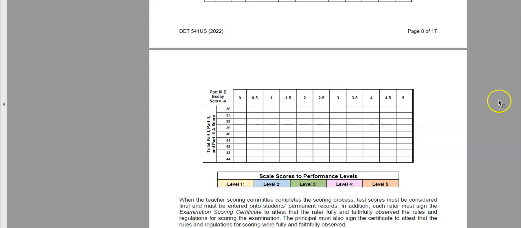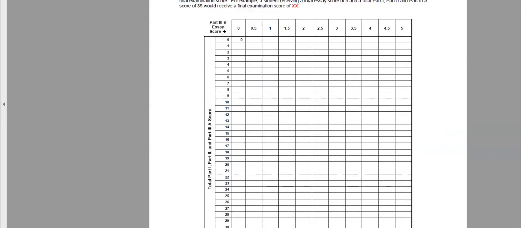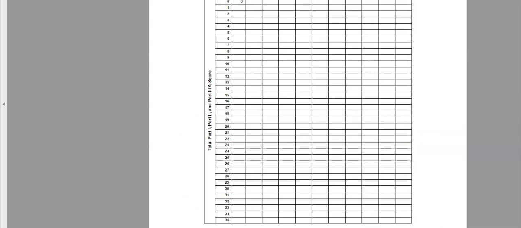So let's say you get 25 out of 28 questions right. You really know your stuff. You do pretty well on those multiple choice. So you get 25 right. Let's say you do an okay job, not great, on those 2 CRQs. So you get a 3 on one and a 4 on another. That's another 7 points. So 7 and 25 is 32.